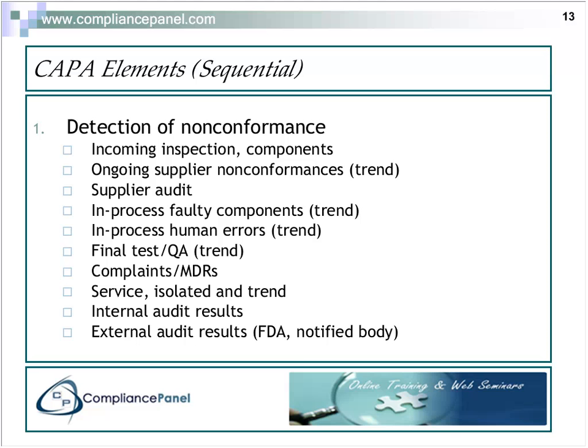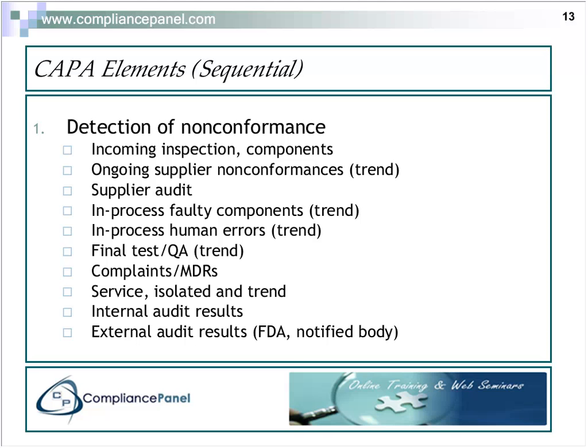Supplier audits. Anytime we do a supplier audit, I wholeheartedly encourage you to issue a report and request a corrective action plan. When I say corrective action plan, and I'll use that during this section of the presentation, what I mean is you need, internally or externally, to know what the cause of the nonconformance was.